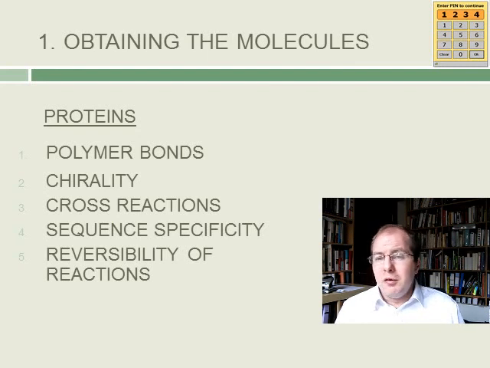Fourthly, sequence specificity. Okay, if you look at the 9 digits here, the number of possible combinations for any particular pin code are absolutely vast. Okay, now consider that you have 20 different amino acids, 20 different arrangements which are possible. They have to be arranged in exactly the right sequence to give rise to a viable protein. But the number of active amino acids is exceptionally rare.